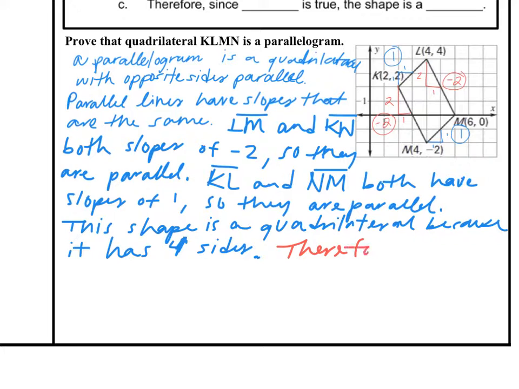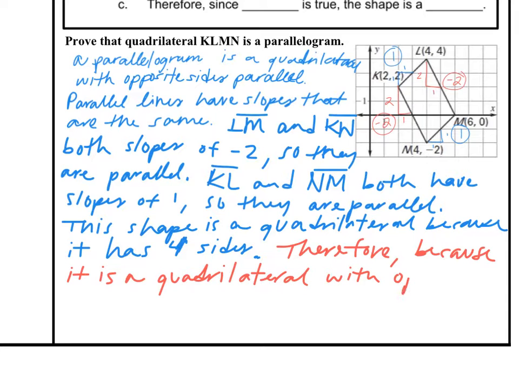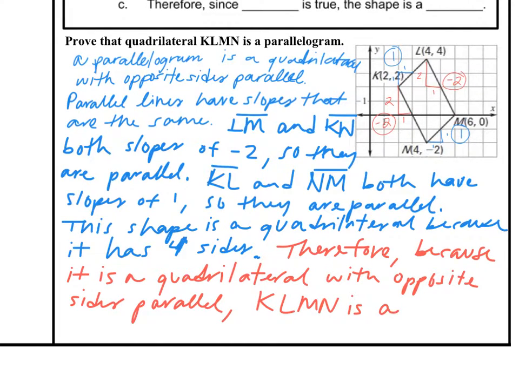Therefore, because it is a quadrilateral with opposite sides parallel, we know that KLMN is a parallelogram.